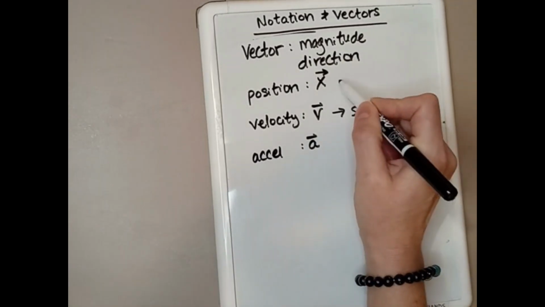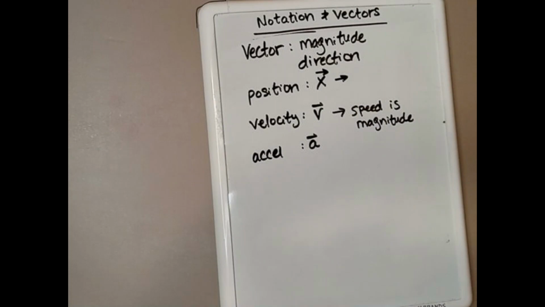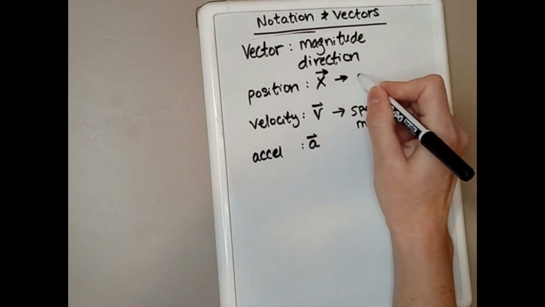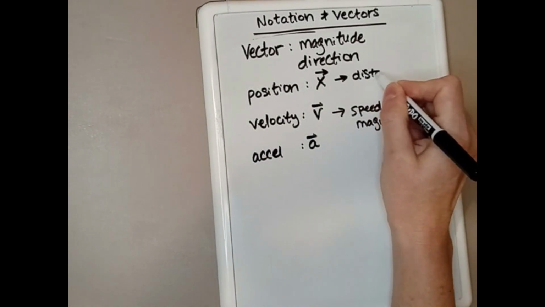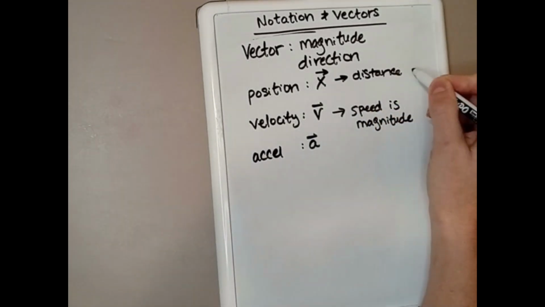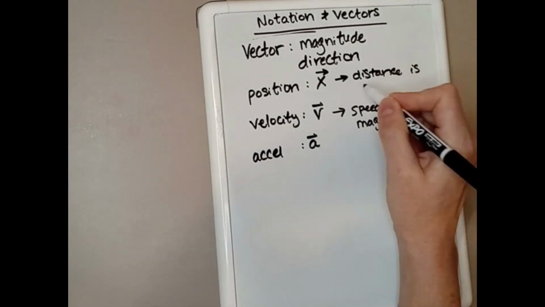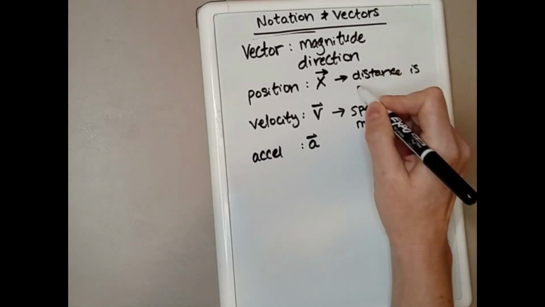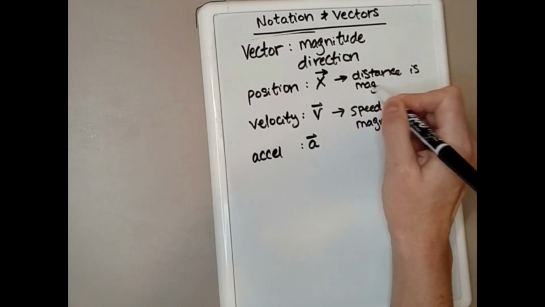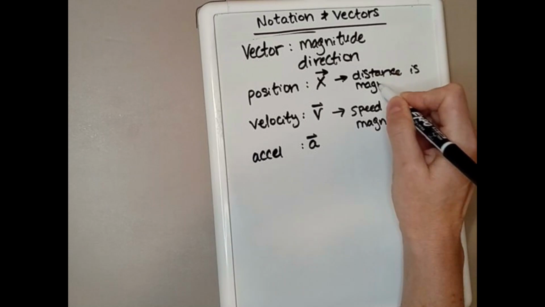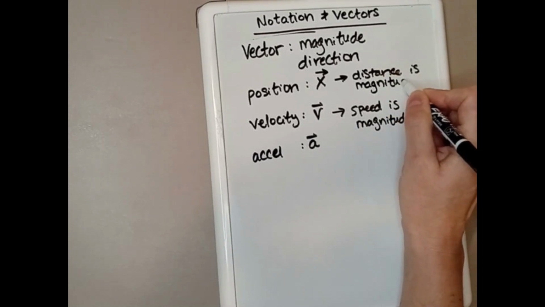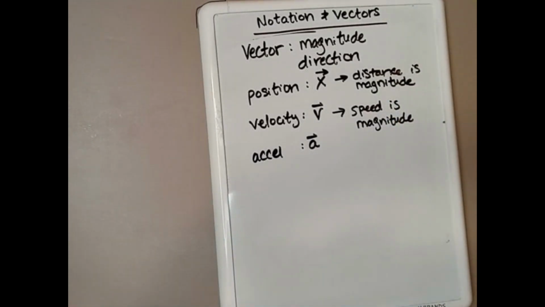And for position, its magnitude would be what we call distance. So just saying that you're 5 miles away would be giving a distance, not a position. If you said you're 5 miles north, then you have given a position because you've given a magnitude and a direction.